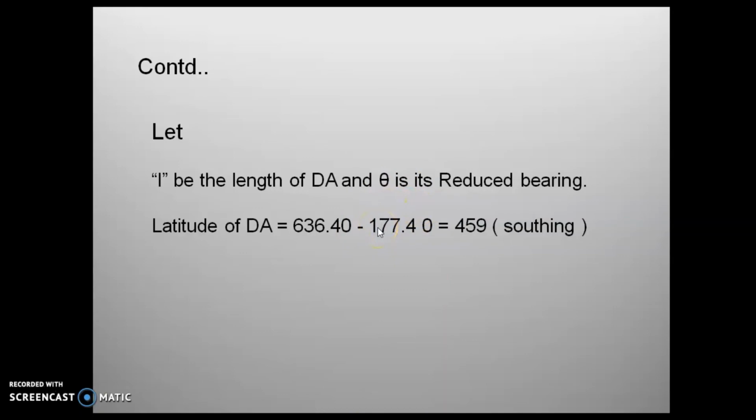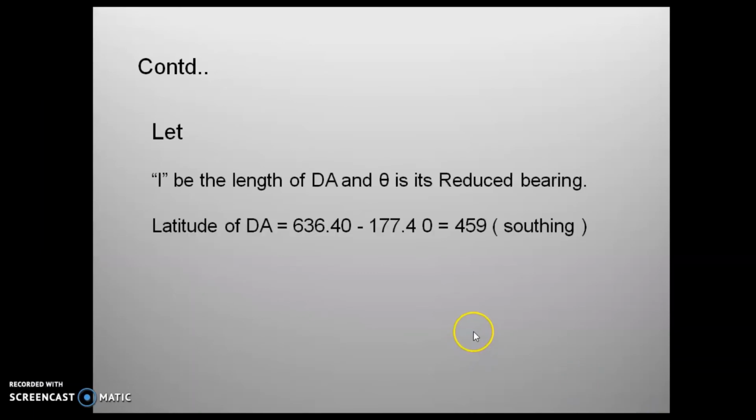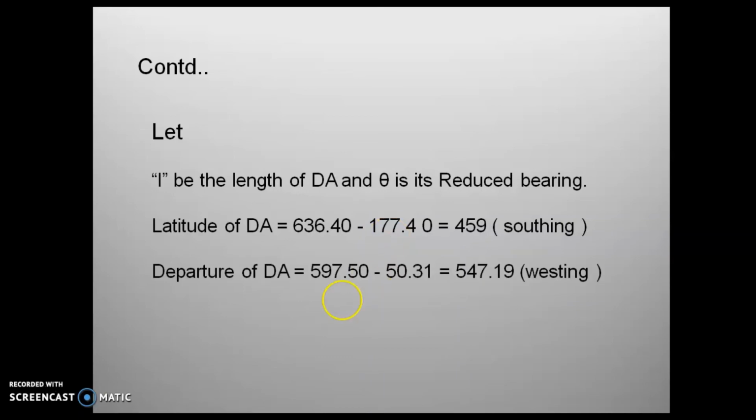Because the preceding latitude for DA is AB, right? For that reason I have taken that one. Next, similarly, departure of DA is 597.50 minus 50.34, you will get the departure.